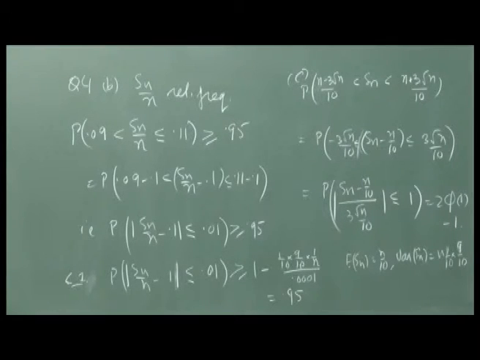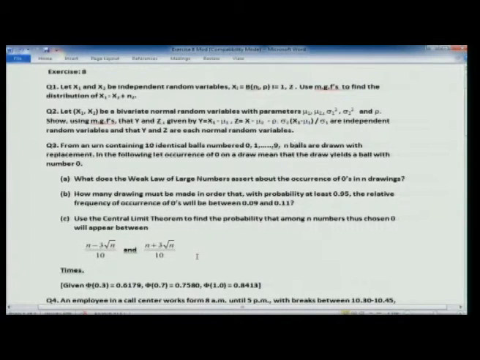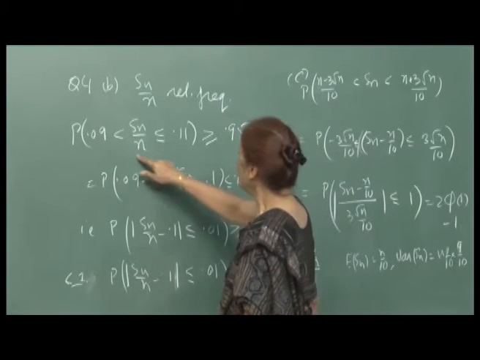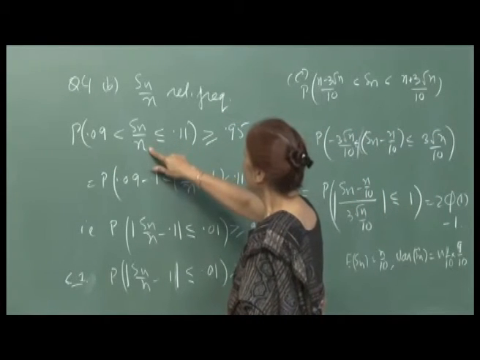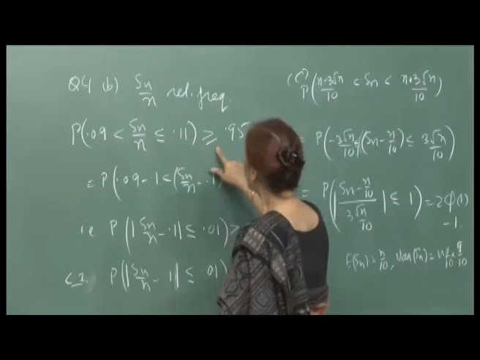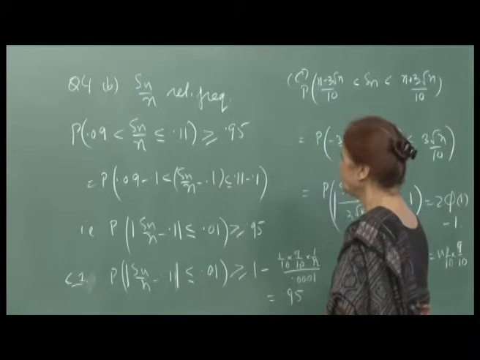Now, part B: how many drawings must be made in order that with probability at least 0.95 the relative frequency of occurrence of zeros will be between 0.09 and 0.11. So, Sn by n is the relative frequency, and you want this probability that the relative frequency is between 0.09 and 0.11 to be at least 0.95, right.